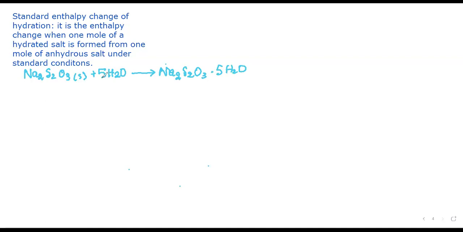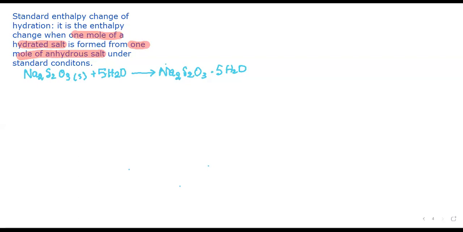Again, we have to pay attention to the fact that 1 mole of hydrated salt is formed from 1 mole of anhydrous salt. These are the points that we have to remember.